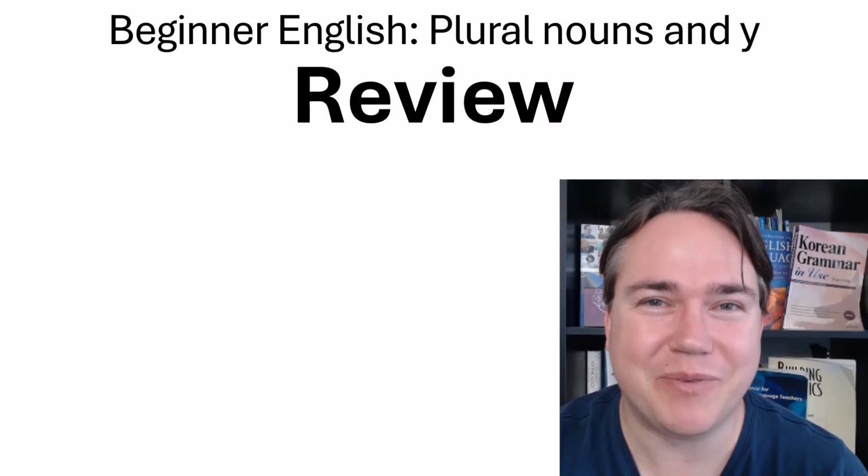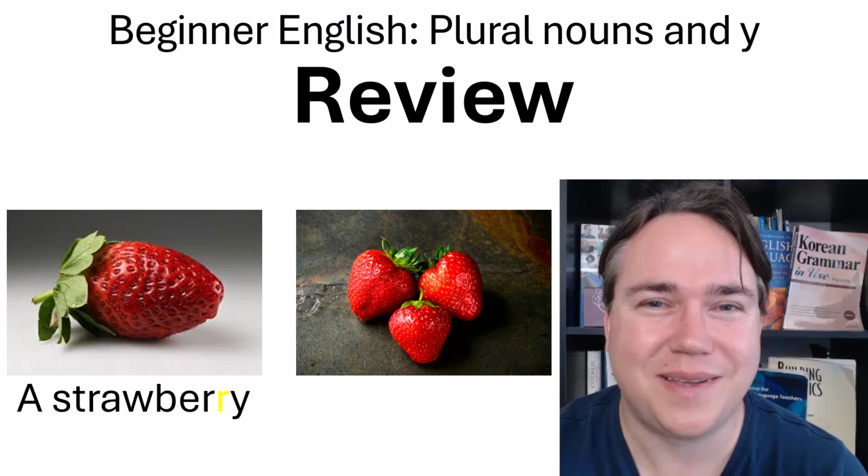Okay, it's time to review what we've learnt. I'm going to show you a couple of examples and you tell me, does it end in S or do you replace Y and add IES? A strawberry. How do we make this into a plural?